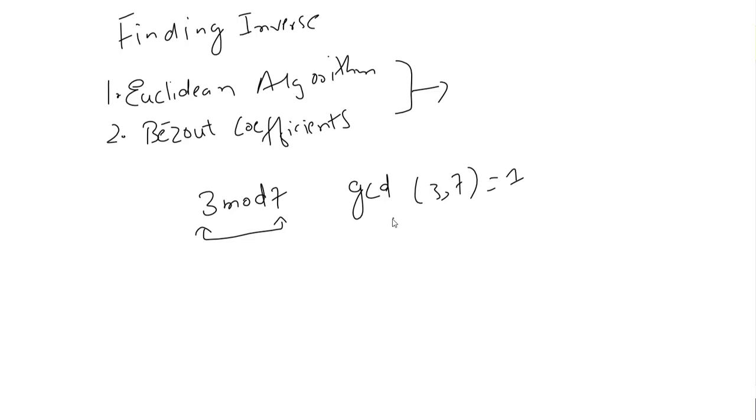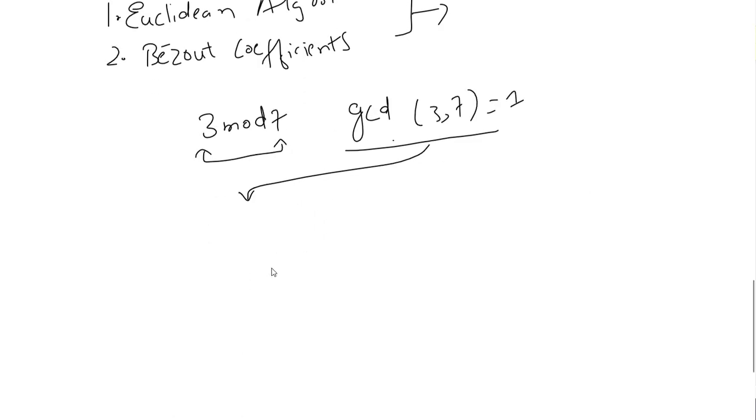Then according to the Euclidean algorithm, we can write this as 7, since in this case 7 is the dividend, is equal to 2 times 3. 3 is the divisor, and we'll get a remainder of 1.